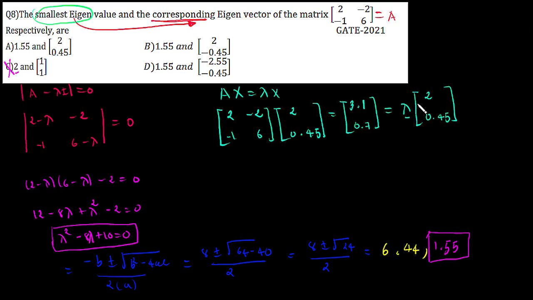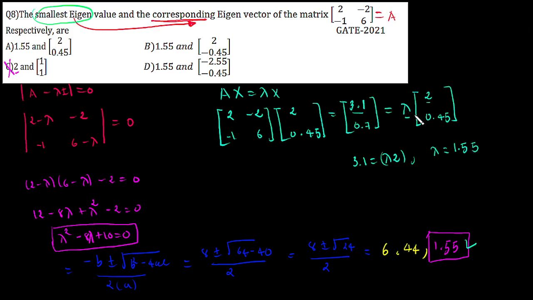From the first entry, 3.1 is lambda times 2, so the scalar is 3.1 divided by 2, which is 1.55. Yes, it is exactly the same.